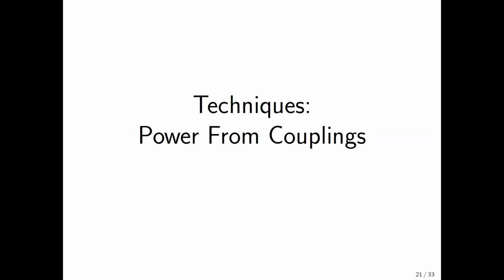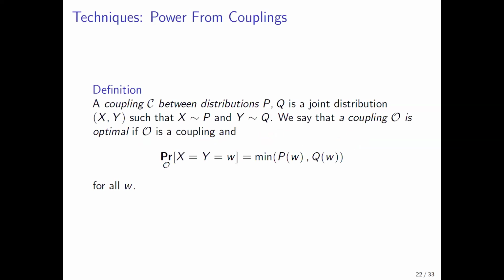Our techniques are as follows. We use the notion of coupling from probability theory. Given two distributions P and Q, a coupling between these two distributions is a joint distribution (x, y), such that x follows P and y follows Q. We say that the coupling is optimal if it is a coupling, and moreover, the probability that x equals y equals w is equal to the minimum of P(w) and Q(w).